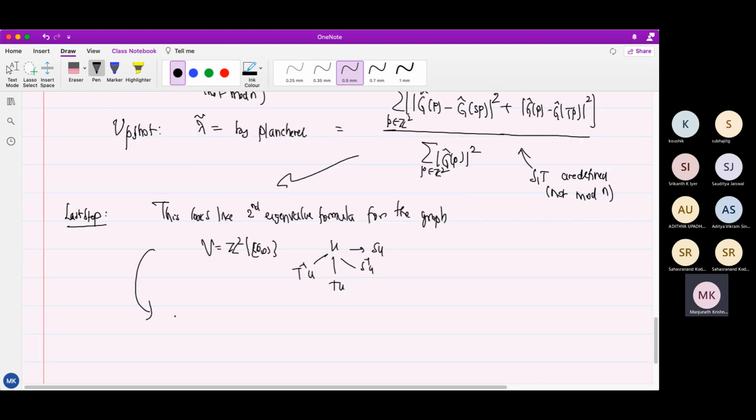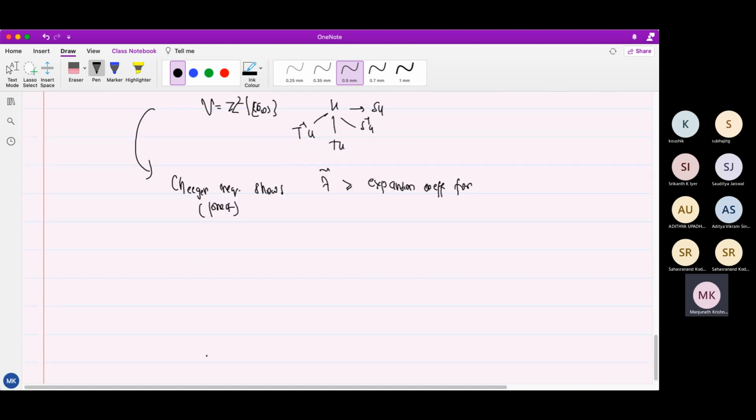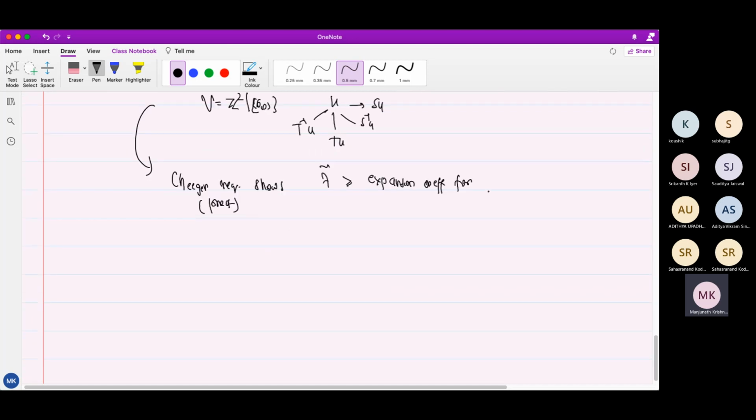And what we did, the Cheeger inequality, shows that this quantity, this lambda tilde, is greater than or equal to the expansion coefficient for this infinite graph. It's not the Cheeger inequality, because we proved it for finite graphs, but here it is an infinite graph.